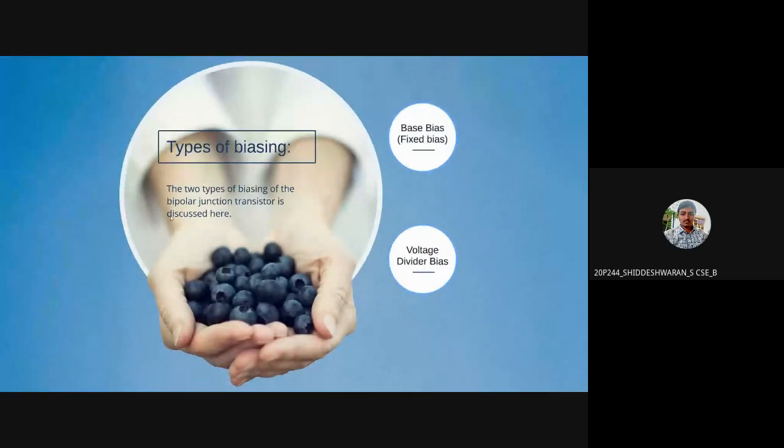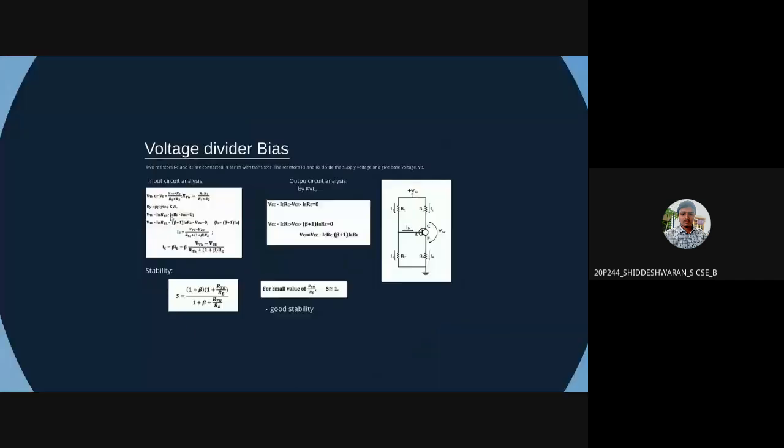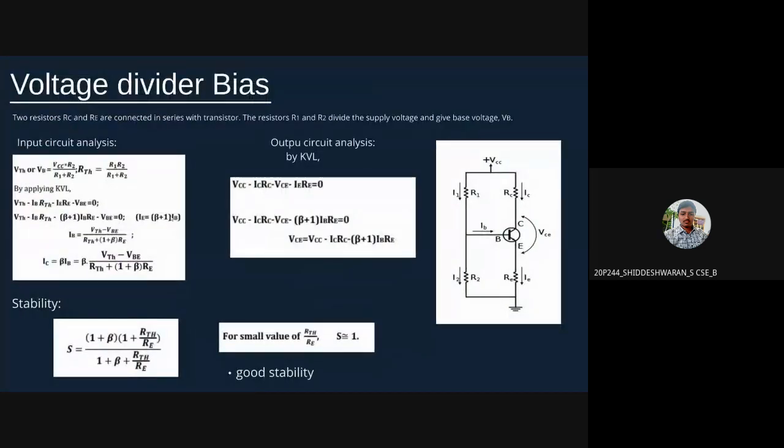And the second type is voltage divider bias. Two resistors, RC and RE, are connected in series with the transistor. The resistors R1 and R2 divide the supply voltage and give the bias voltage VB.